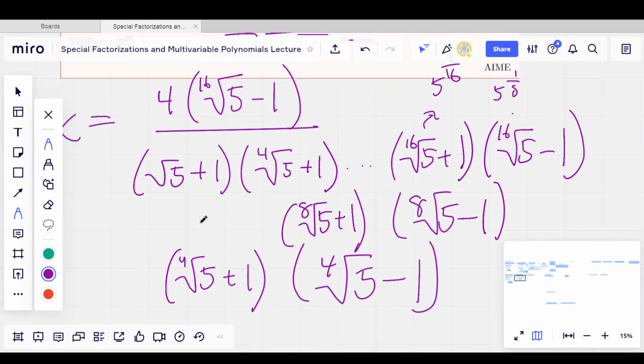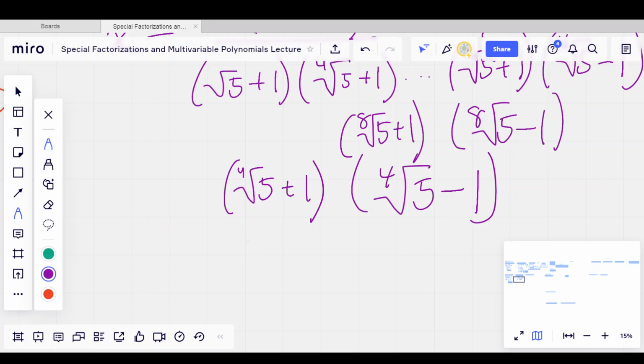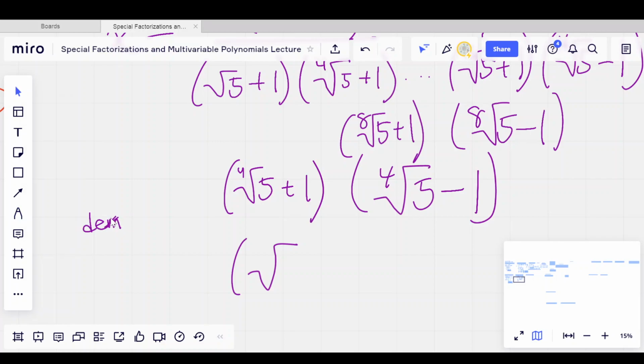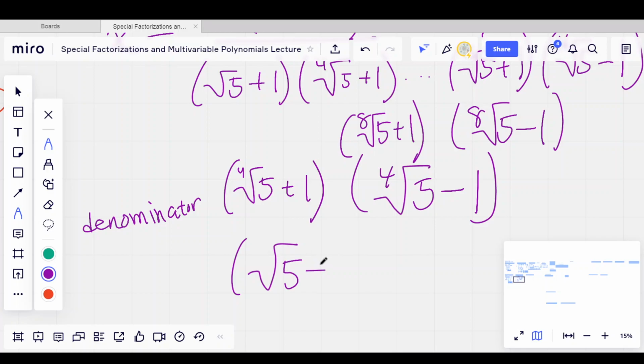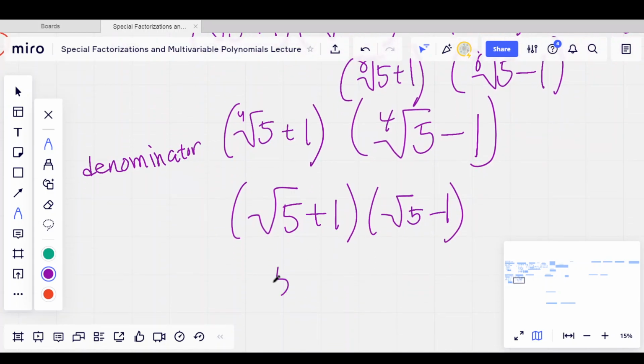Okay, so this all simplifies to the denominator. So the denominator would just be the square root of 5 plus 1 times the square root of 5 minus 1. And then this is just 5 minus 1, which is 4.